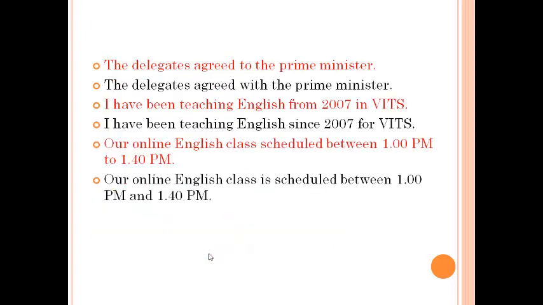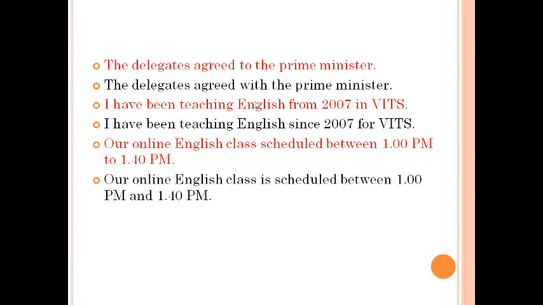Next: "The delegates agreed to the prime minister." It is wrong. Instead of to, we have to use with. Why? It is agree with a person, agree to something, agree on a matter or decision. That is the condition. That's why to is omitted and we replaced it with the preposition with.